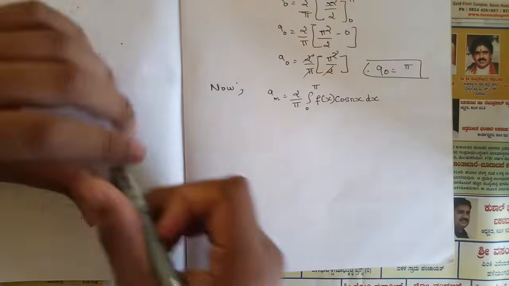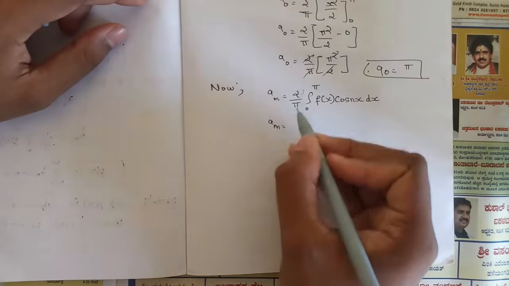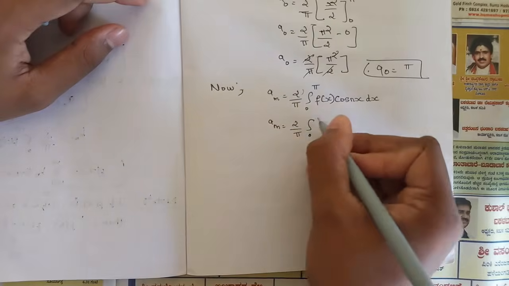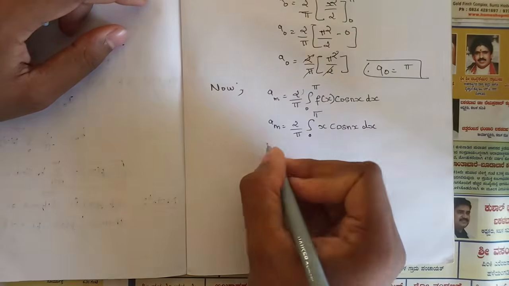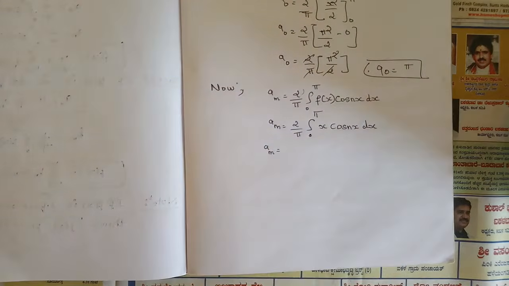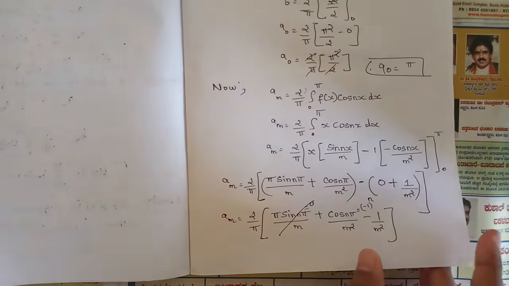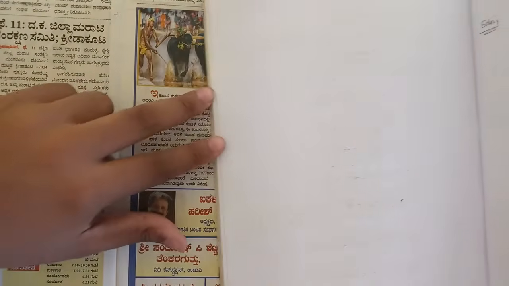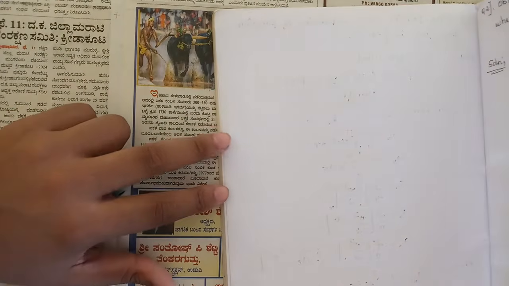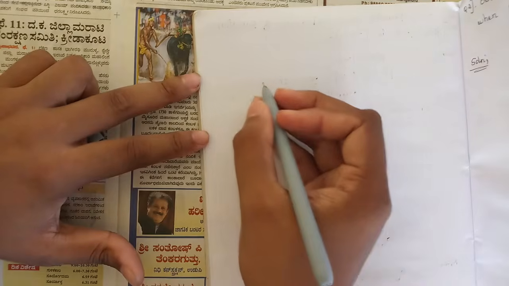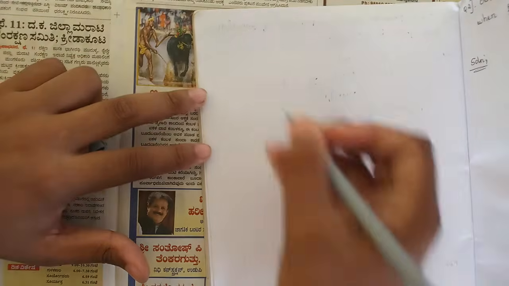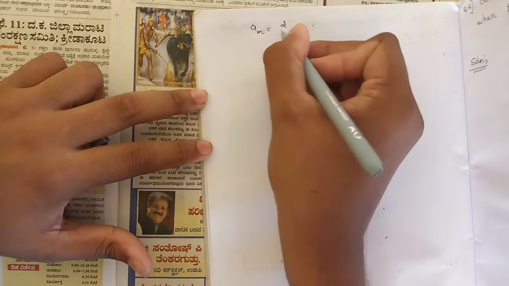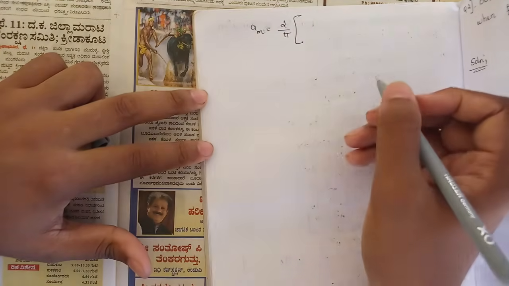Now let's find an. Substitute the value of f of x, cos nx dx. an equals 2 by pi, and the sine n pi term gets cancelled.